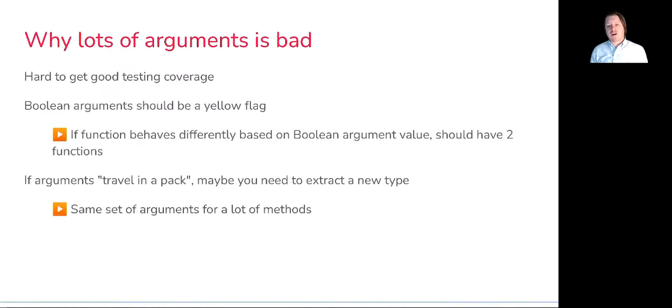Why are a lot of arguments bad? This is the next thing that we're trying to avoid. More arguments means more combinations of testing inputs to ensure that we're properly exercising that named block of code. As we mentioned before, Boolean arguments should always be a yellow flag.